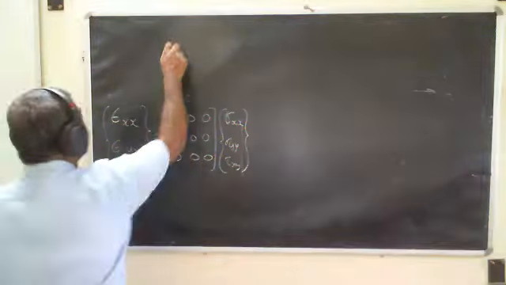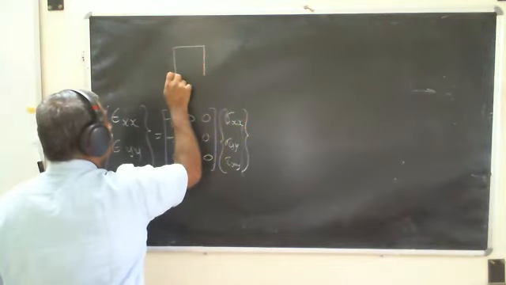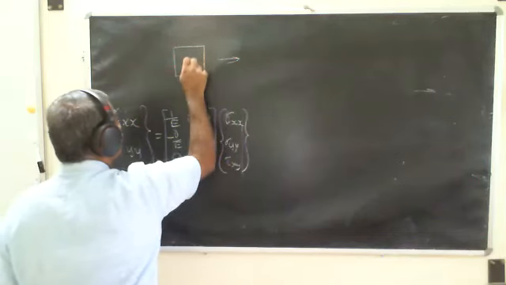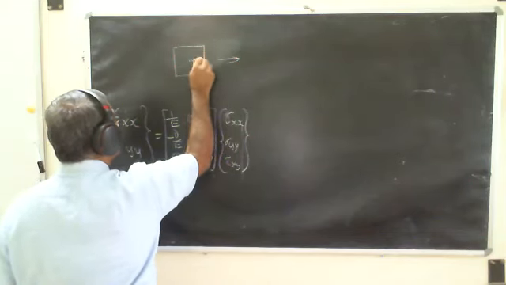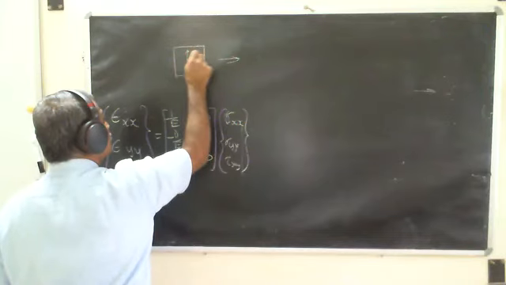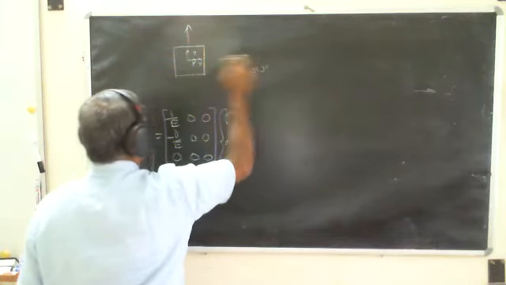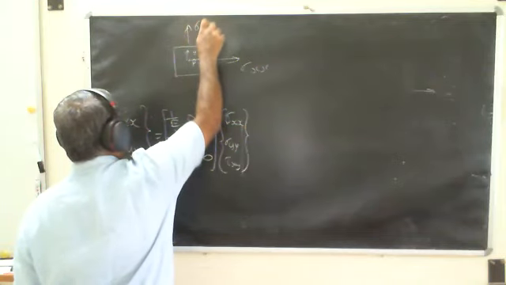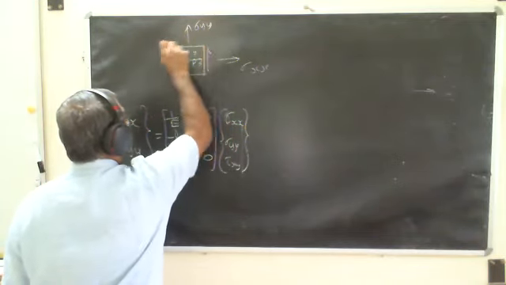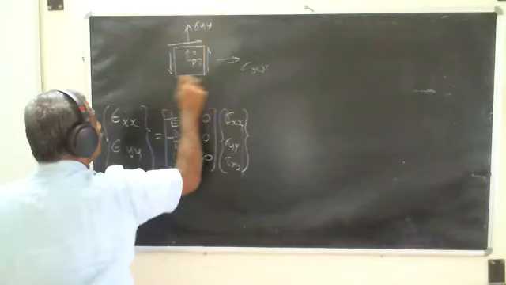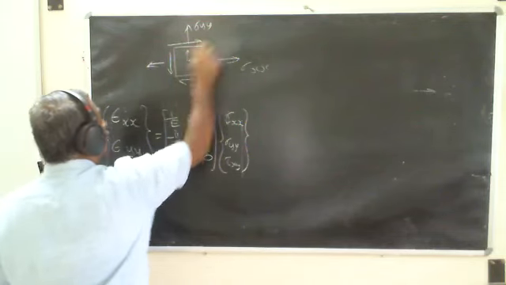Supposing I apply, on an elemental body, this is P, this is x direction, y direction, sigma xx. So a state of stress is what is given over here. Tau xy.